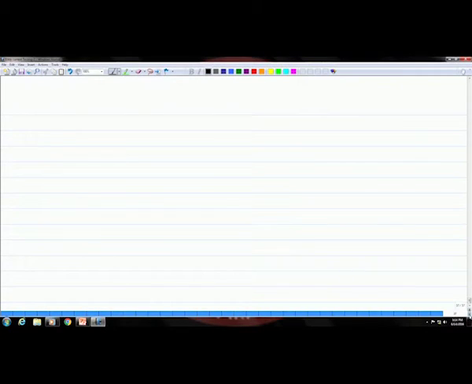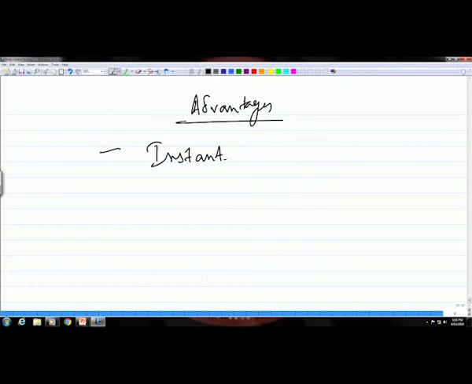And finally, like what we do for every process, we will see the advantages and the disadvantages. So, in this case, the advantages are you get instantaneous result, you immediately see the crack signal, then this is sensitive to a range of physical properties.